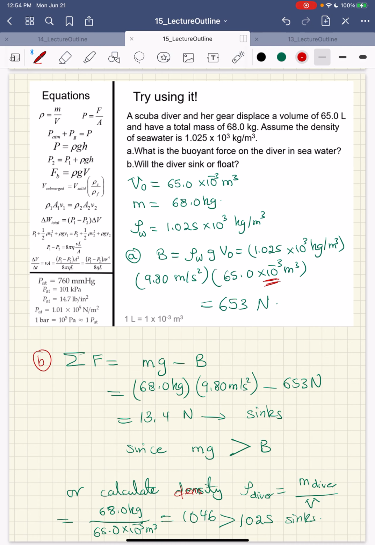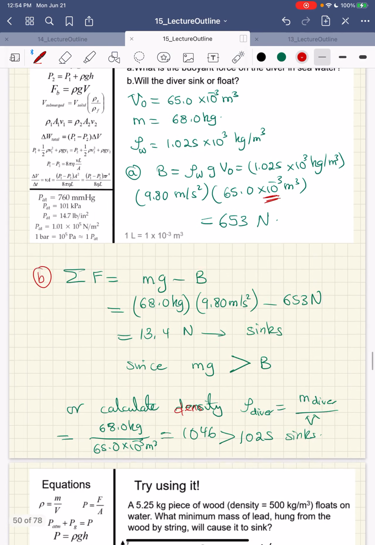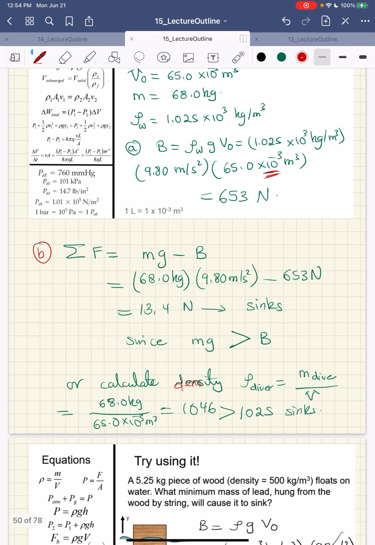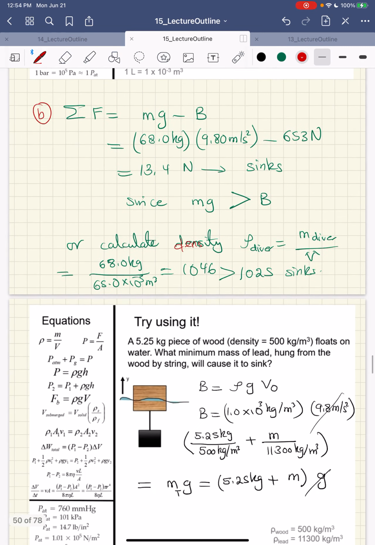I did mg greater than B. If B is equal to mg or more, it is going to float. Or you can calculate the density of the diver by dividing the mass of the diver by the volume. You get a density of 1046, which is more than the density of the seawater. This means that the diver is going to sink.